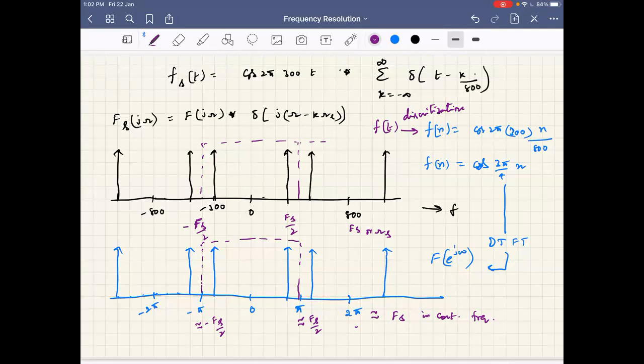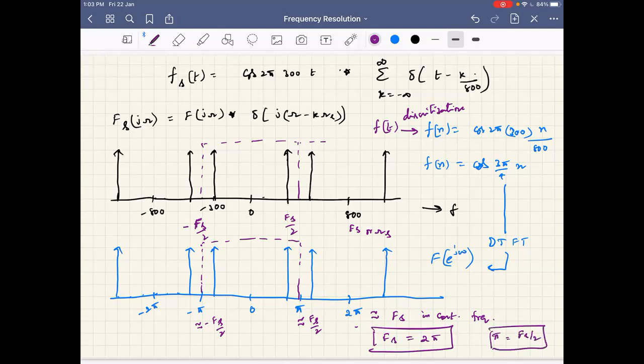This will be critical for us to discuss the rest of the aspects. From discrete time Fourier transform to continuous time Fourier transform, this is the mapping happening. Wherever I say fs, please relate it to 2 pi, and whenever we say pi, it's equal to fs by 2.